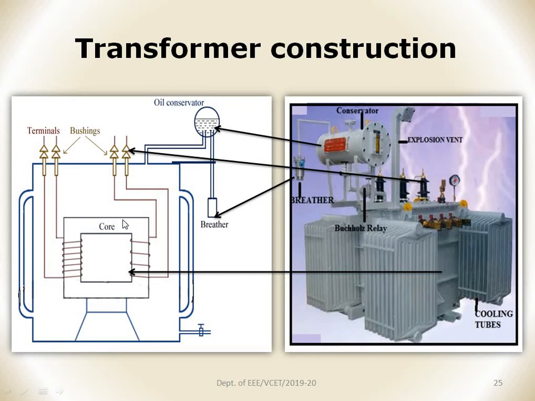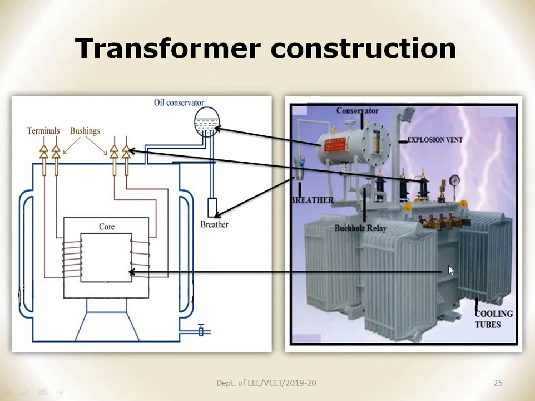Here I have given a core type transformer representation, where one end has the primary coil and the other end has the secondary coil, and this entire arrangement is kept inside a concealed tank.